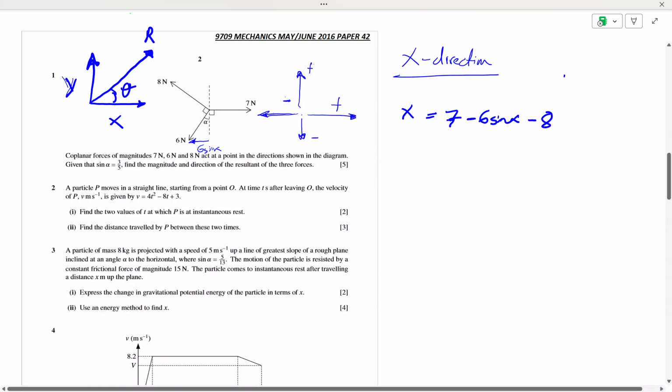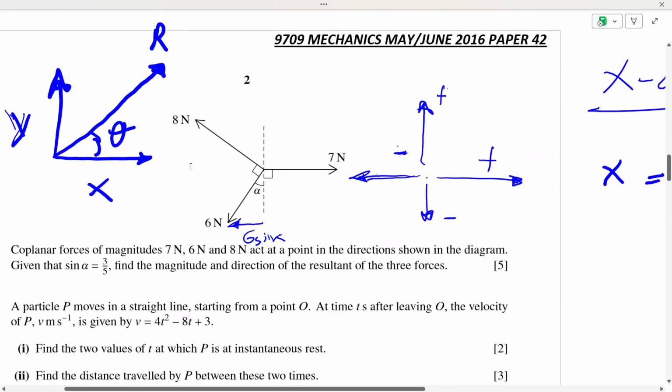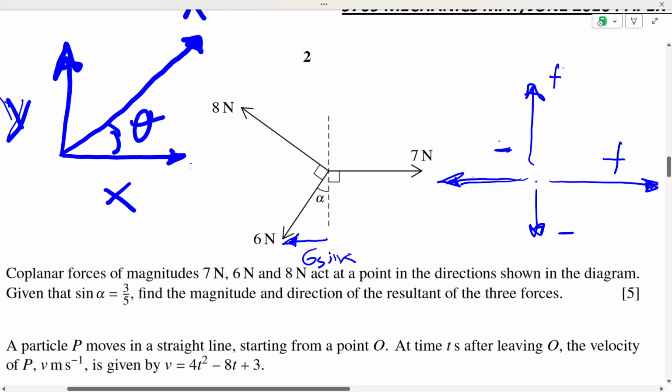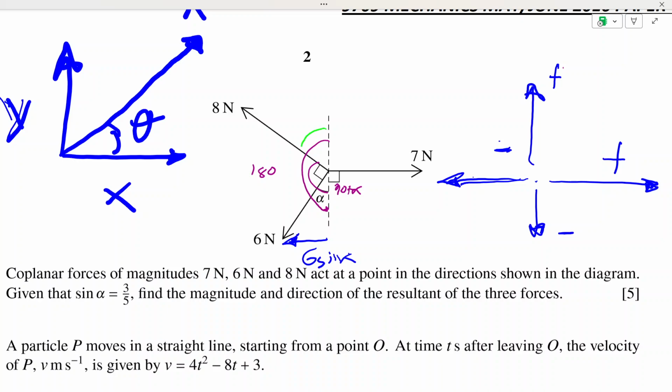And how do I get the angle? Let me zoom in and show you. We know that this whole part is equal to 180 degrees, and the sum of that is equal to 90 plus alpha. So to get the angle that helps us resolve this 8 Newton force in the horizontal and vertical directions, I say 180 minus (90 plus alpha), and that gives me 90 minus alpha.